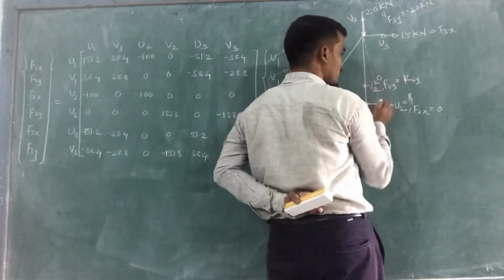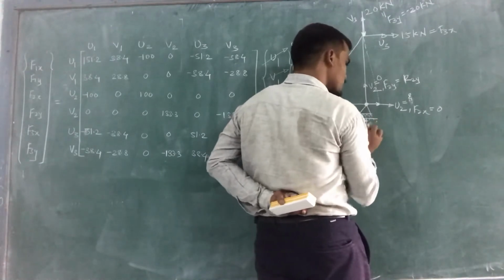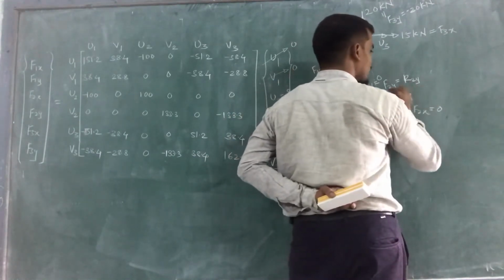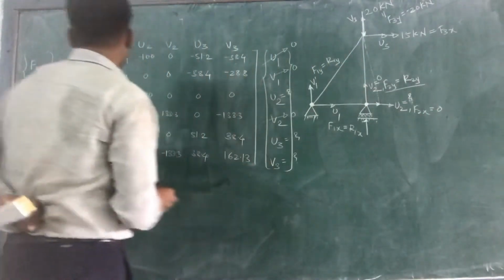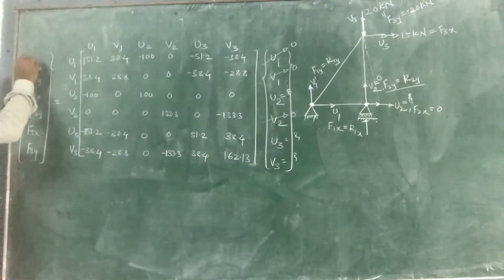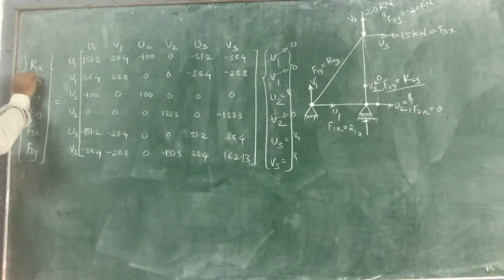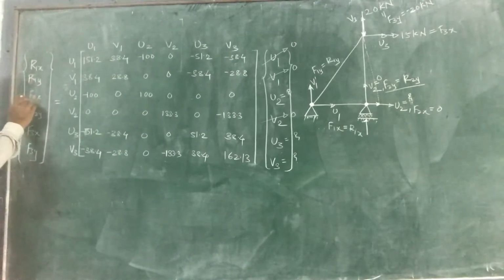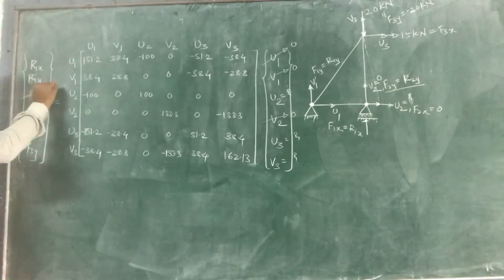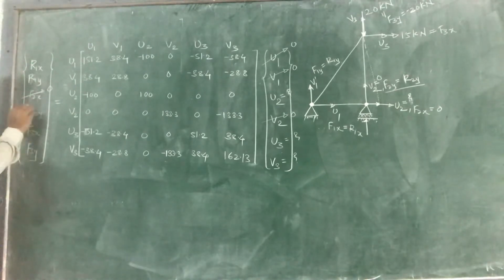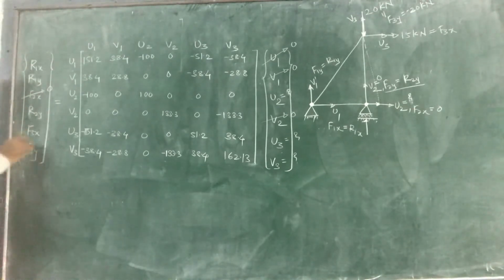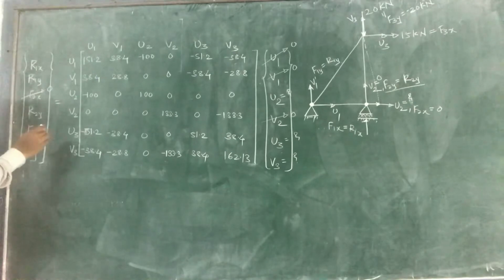But F2y is nothing but your support reaction R2y, which will become R2. So this will become R1x, this will become R1y, F2x is equal to 0, and this will become your R2.